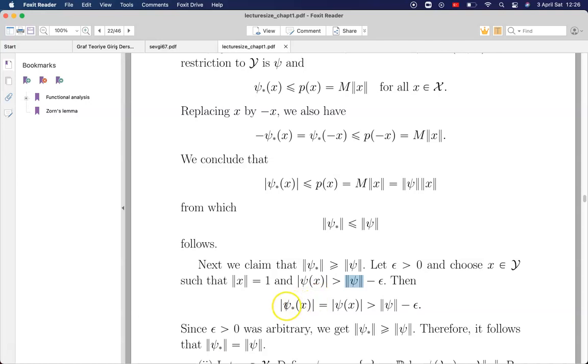Then if you look at the length of psi star of x, this is the same as the length of psi of x, and psi of x is bigger than the norm of psi minus epsilon.